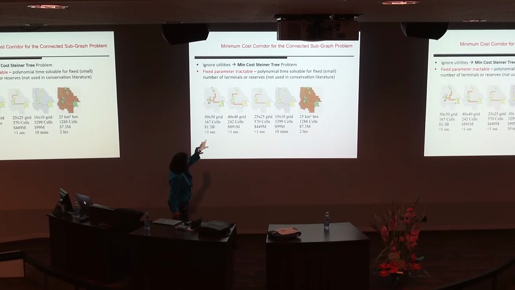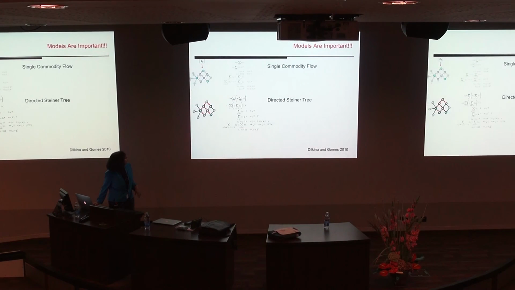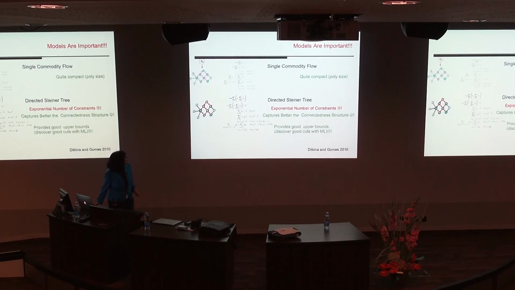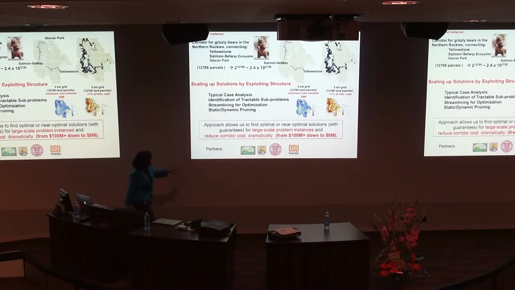If you are trying to find min cost corridors, this is just a Steiner tree problem. And we also studied the complexity of this problem and different encodings. Bistra, who you met, worked on this, and we were able to come up with solutions where we went from hundreds of millions to tens of millions.